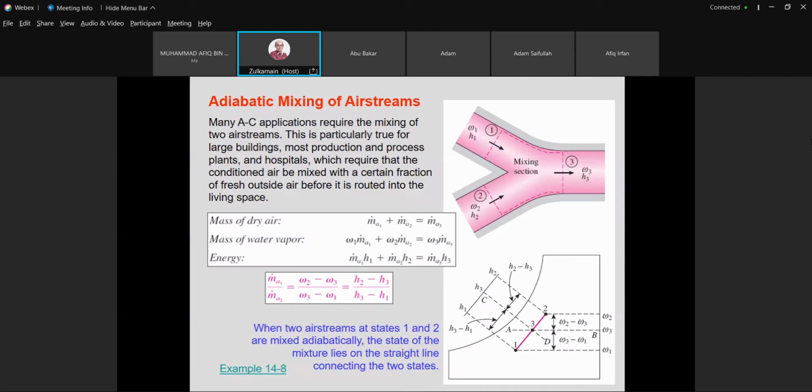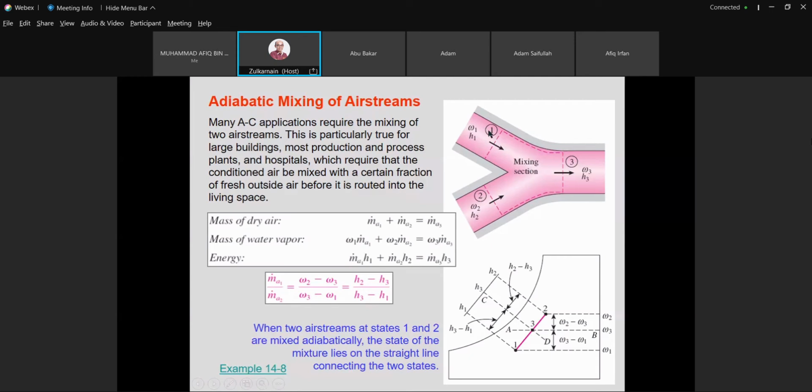That's why we cannot take 100% of the air to be returned in the system, only a portion, because we need fresh oxygen for human breathing.